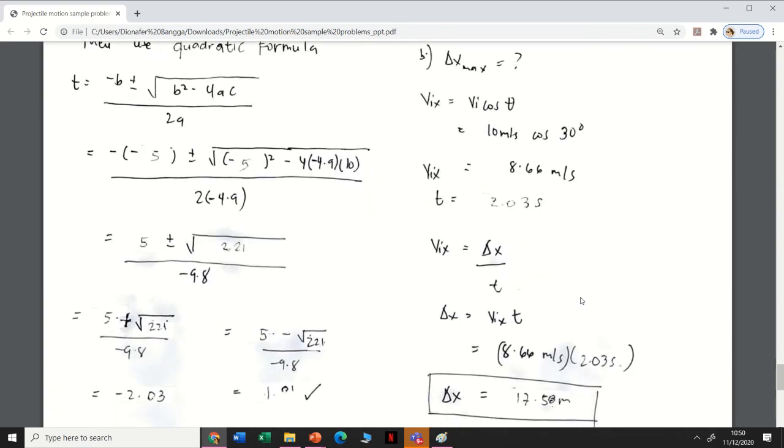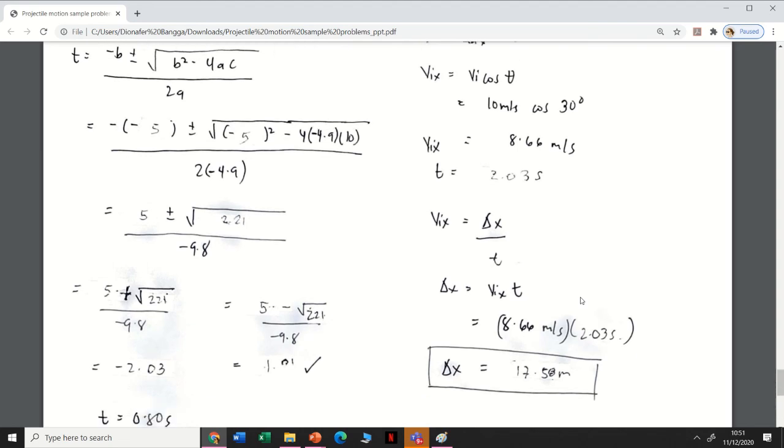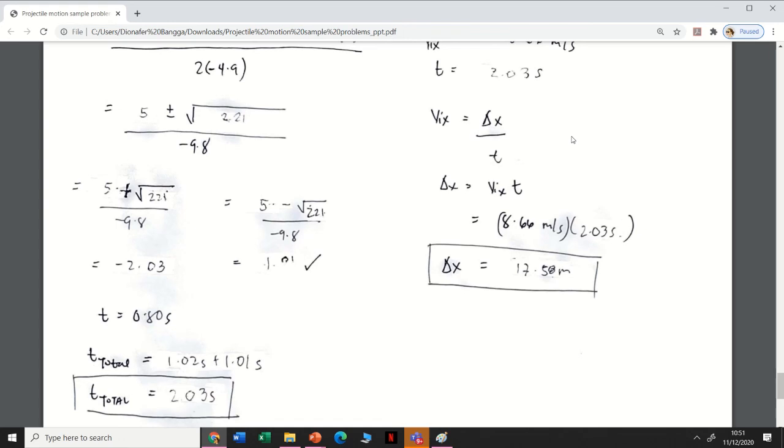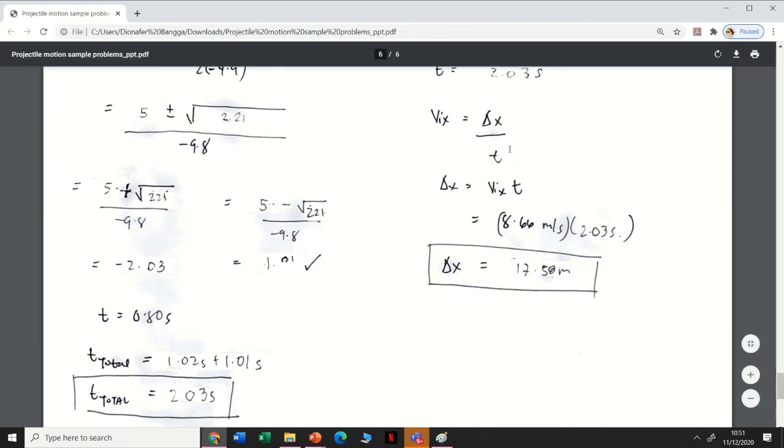So that gave us the conclusion that we will only be using the simple equation for velocity, which is just delta x over time. Isolating delta x out of that general equation, we would get Vix times time.